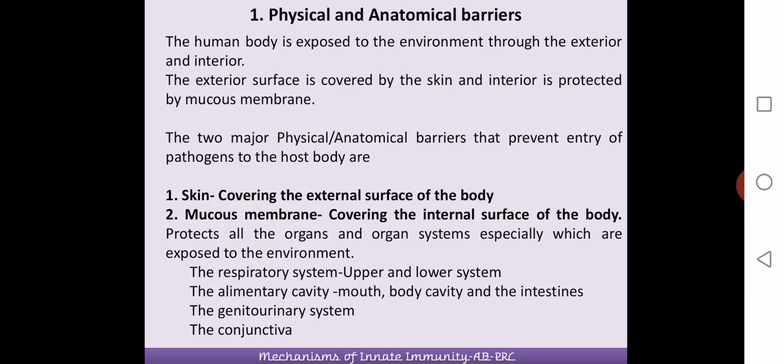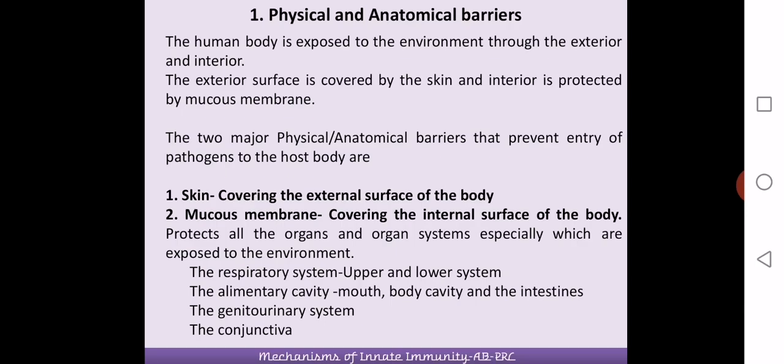It has a cavity, which means there is an internal wall and an external wall, and both these walls are exposed to the environment. There is an internal covering, and this covering is exposed to the environment, just like the intestinal cavity. And the external surface of our body is also exposed to the environment.